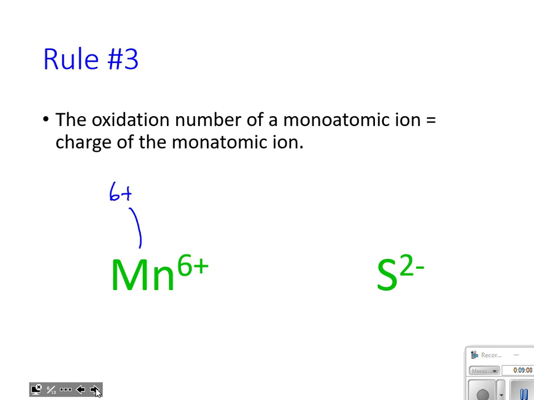And I know that that sulfur is going to be 2- because it's telling me right in the charge what the oxidation number is. So, is it different being in the elemental form as opposed to being an ion? Yes, it is different. So don't confuse rule number 1 with rule number 3.